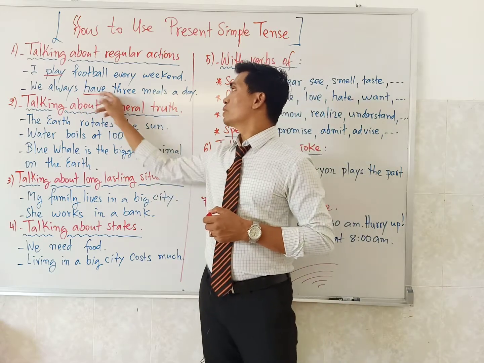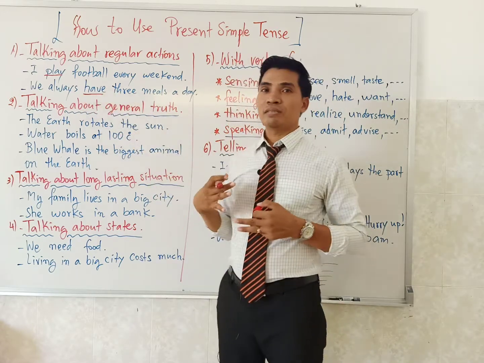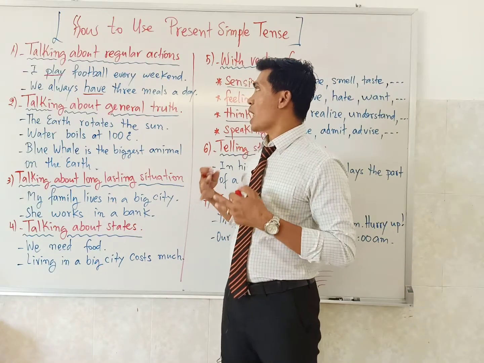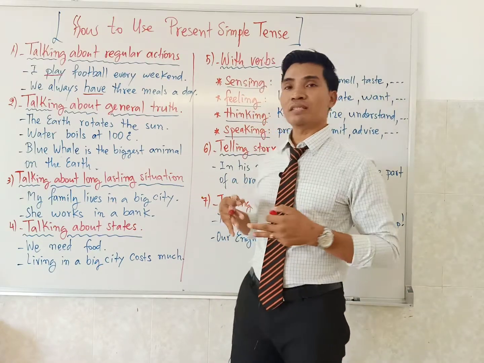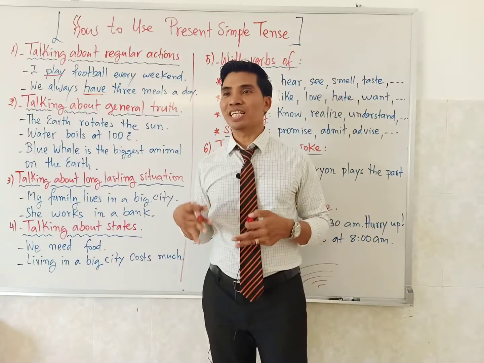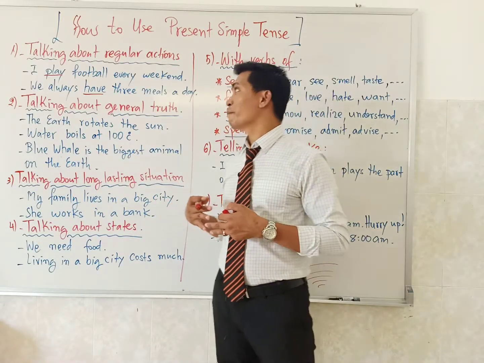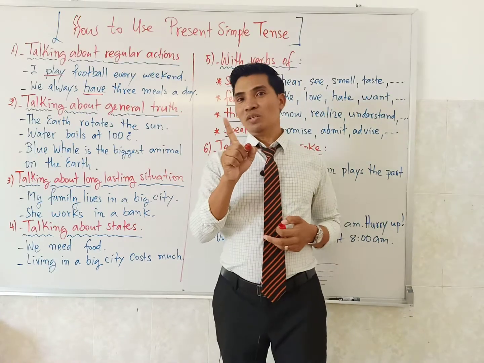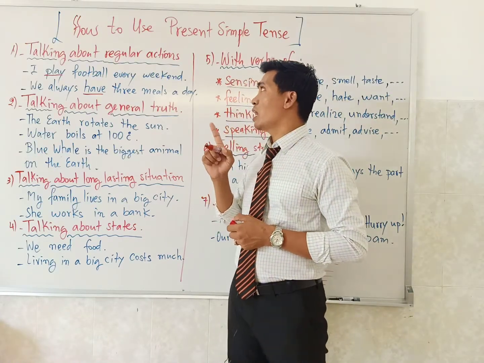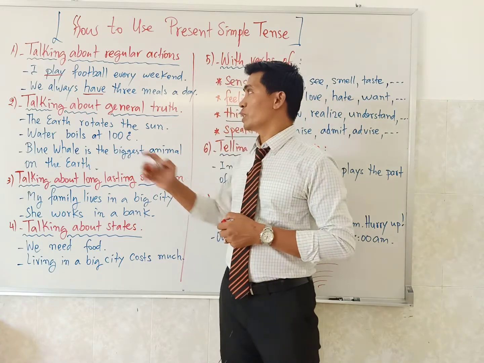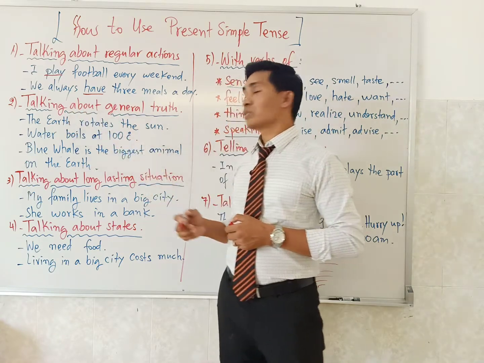So have is in the present simple tense, and we always have 3 meals a day. That is a regular action, an action that does not change. Okay, so number 1 we are talking about regular action.